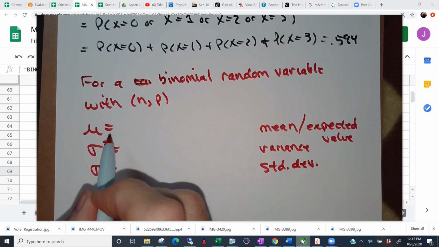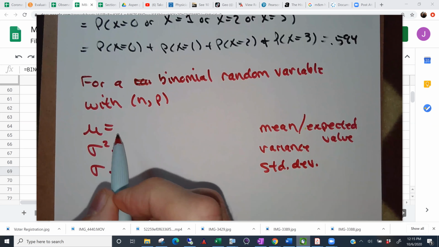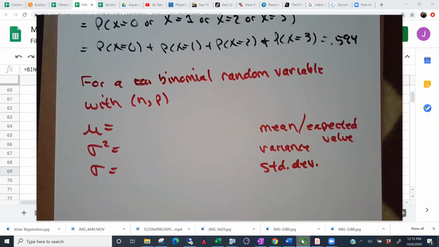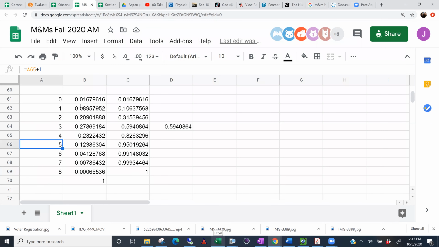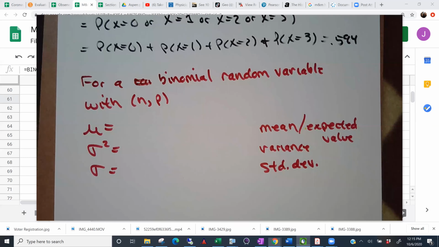Now the mean, this is going to be nice. Because you remember when we dealt with the mean of a random variable in section 5.1, we had to do all this stuff where we had to do x times p of x and then add it all up. And then for the variance, that was even more of a pain. You're going to like this, but you have to keep in mind that it only applies to binomial random variables.